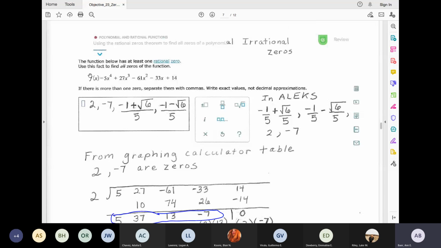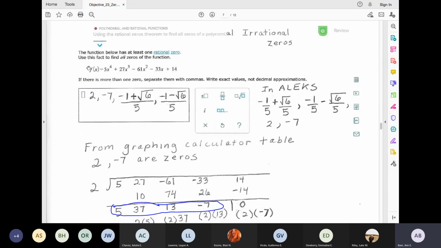So we are going to look at this particular function. F of x equals 5x to the 4th plus 27x cubed minus 61x squared minus 33x plus 14. Let's copy that down.